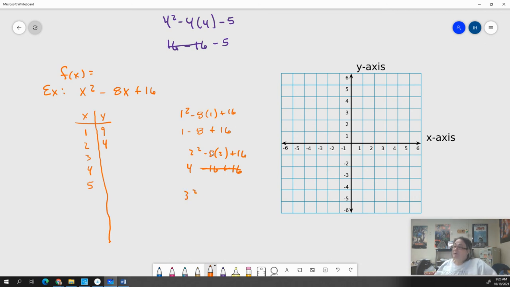3. 3 squared minus 8 times 3 plus 16. Well, this is 9 minus 24 plus 16. What is that? 9 plus 16 is 25. 25 minus 24, that just gives me 1.